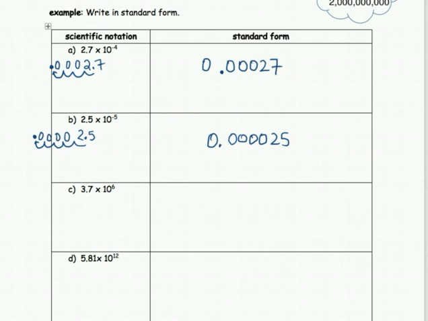Okay, so those two both had a negative exponent, so they were small numbers, but the next two have a positive exponent, so they're the big numbers. So what you're going to do here is, again, I'm just going to write it separately. Okay, 3.7 like that. And then the exponent 6 here is telling me to move the decimal 6 spots. So again, it's a big number, so you want to go and put the zeros on the right of it. Okay, so let's move this way.